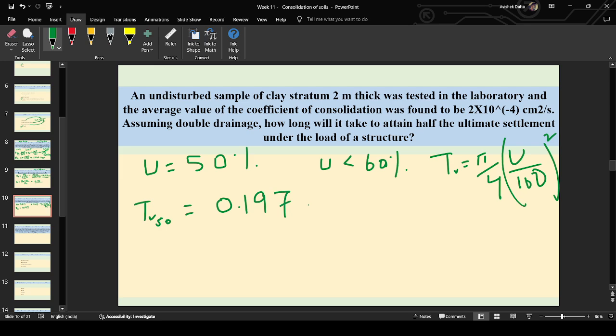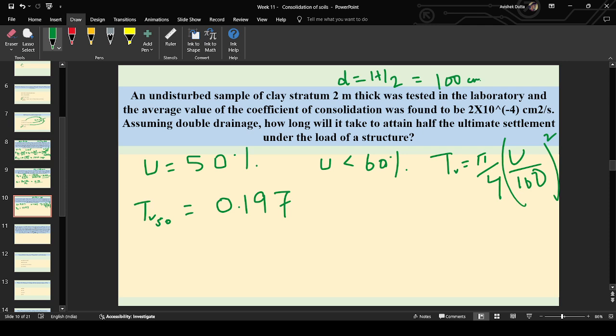Okay, so now the time taken for this. Double drainage, so D will be equal to H by 2. If I take 2 meter, that is 200 centimeter, D will be equal to 100 centimeter.